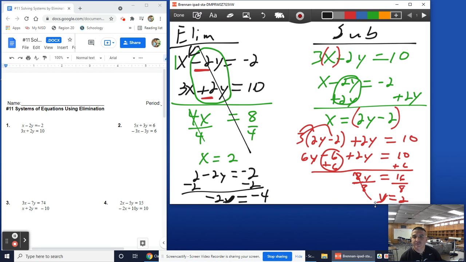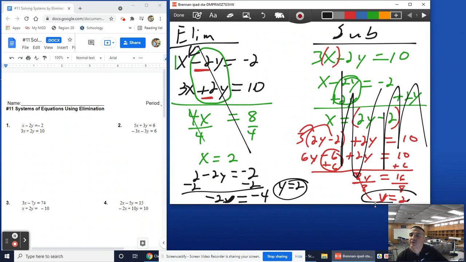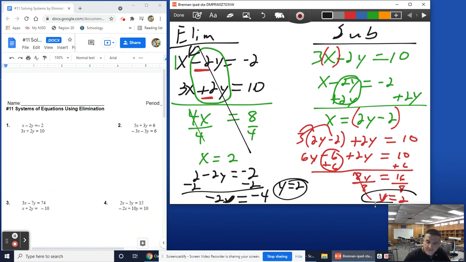And then if I divide both sides by negative 2, I kind of ran out of space there, I get y equals positive 2. So no matter what, I got the same answer, but this involved a lot more steps, right? Many more steps than on this side where it immediately got x and then just plugged in and got y. Over here, I had to do this. Now I would still have to plug the 2 in and then solve and get the other one, right?